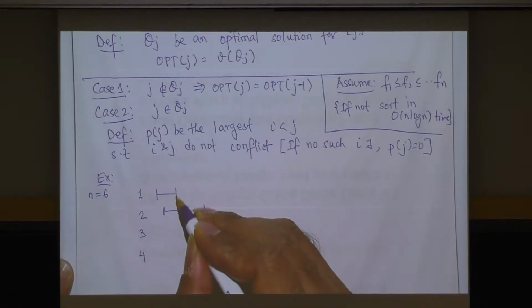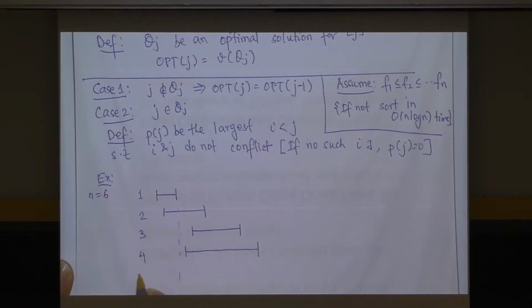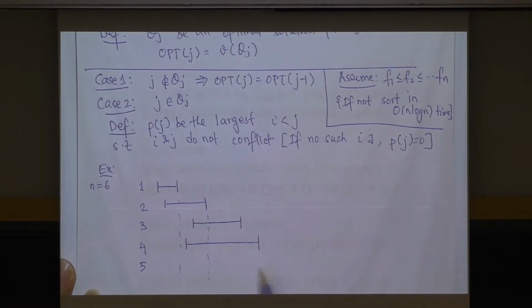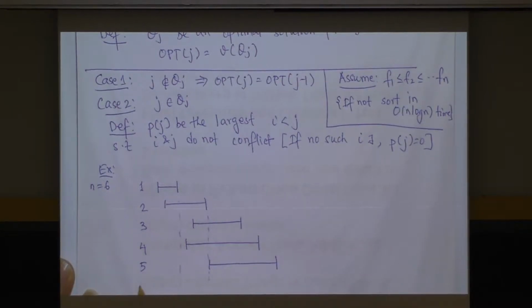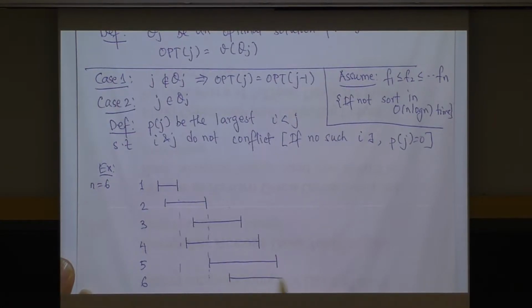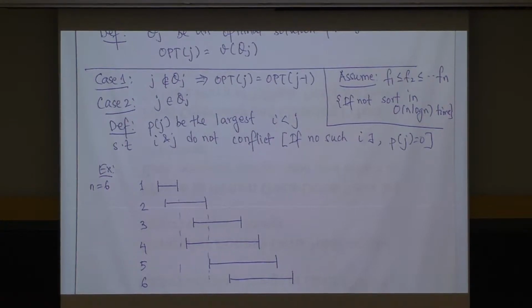The fourth interval, which starts right after 1, but before 3. Then I look at the fifth interval, which starts after this, and then I have the sixth interval. Okay, so here's an example with 6 intervals, and what I want us to do is just quickly go and figure out the p-values for all of these.